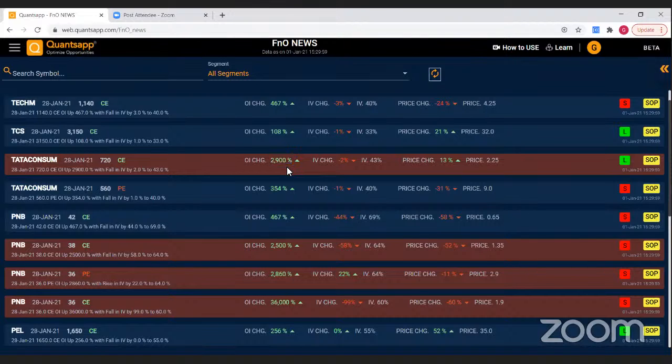In the same way, if you look at the Tata Consumer downside, the 560 put option, there's a short buildup going on.